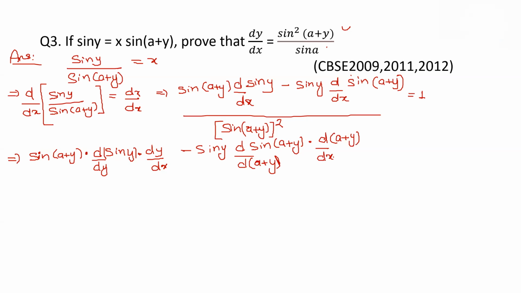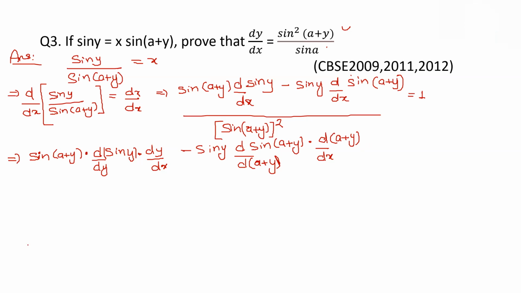Okay, because we need to differentiate this with respect to x, but there is no x, right? So what we will do, we will just write dy by dx. Or if you wish, you can write here dy and then dy by dx. That's your wish.